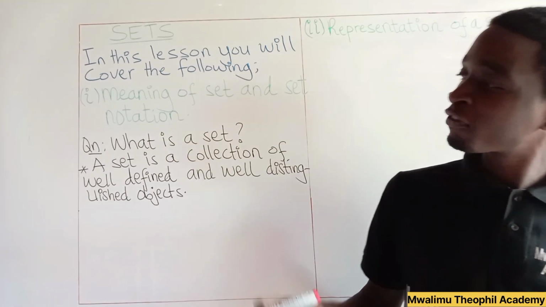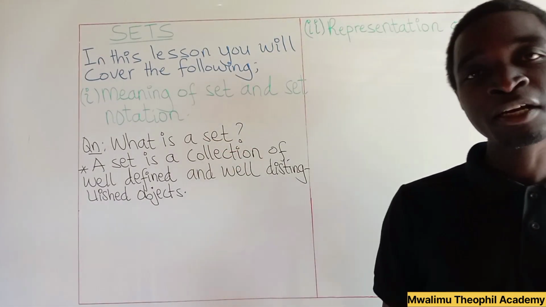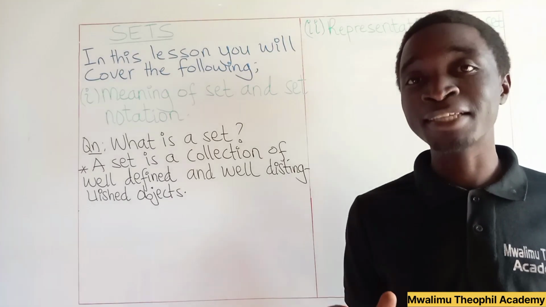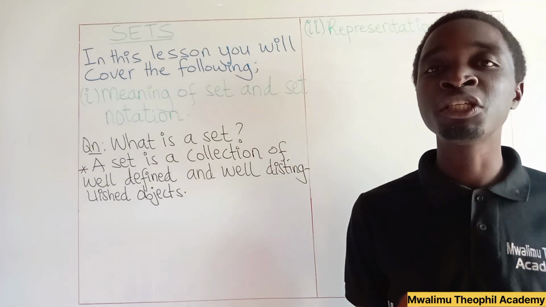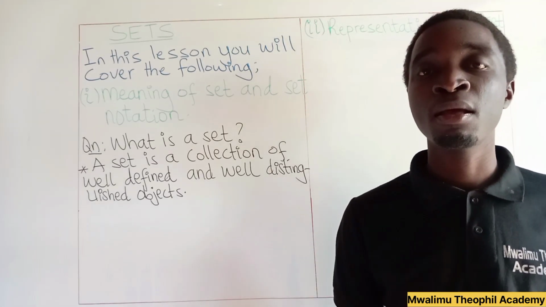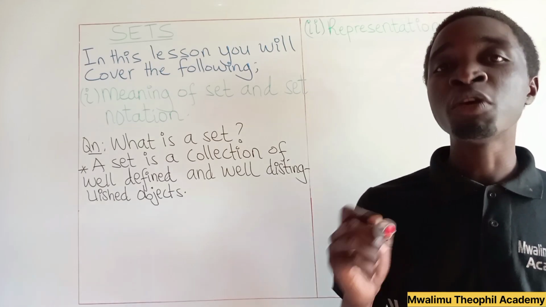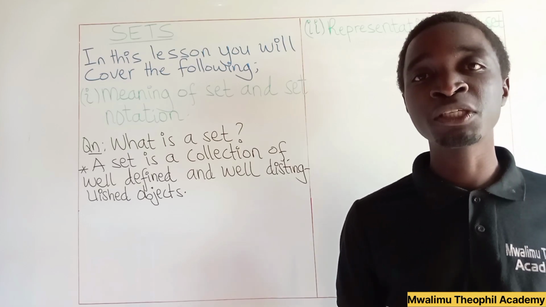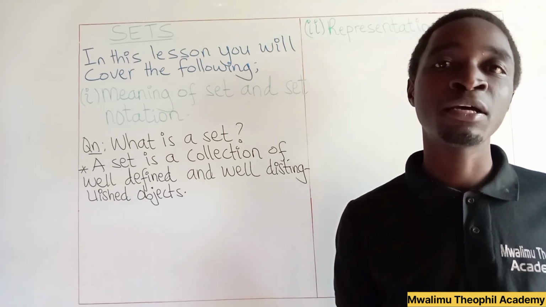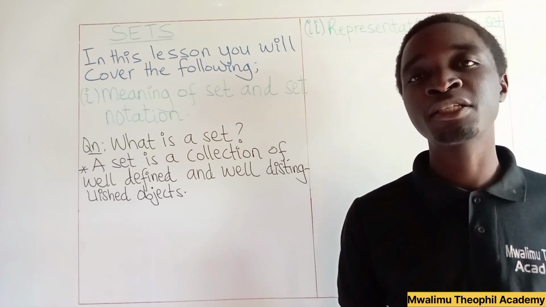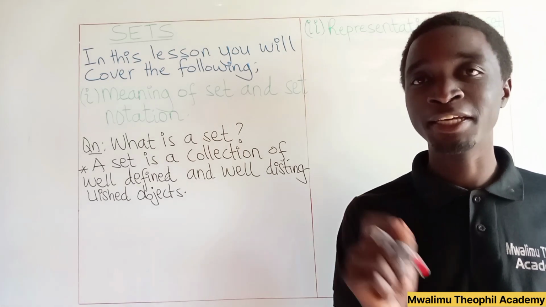Now, after we have seen the meaning of a set, let us see how we denote a set. I mean a set notation. We denote a set by using a capital letter. So we use capital letters to denote sets.